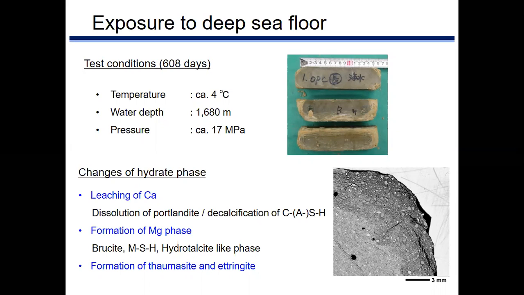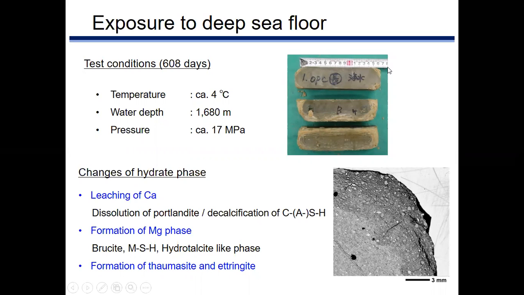This figure shows specimens which were exposed on the deep sea for 600 days. The specimen did not maintain the original shape, and the surface was collapsed when touched by hand.